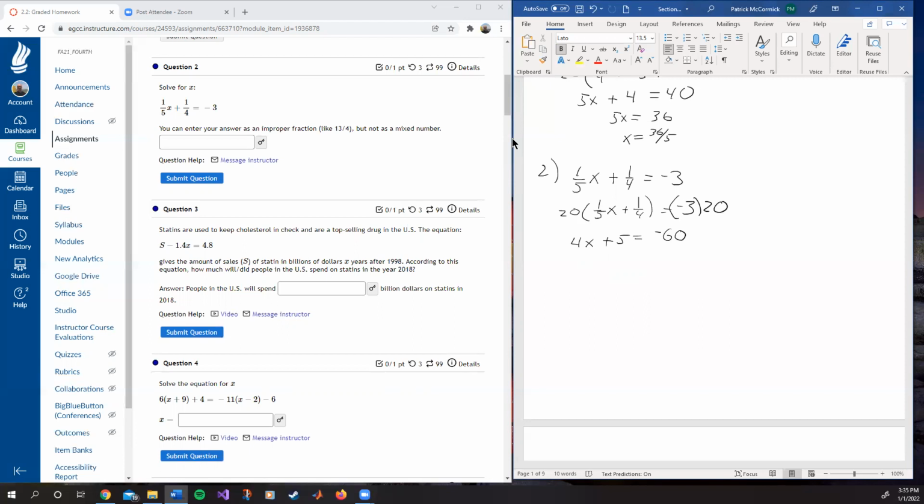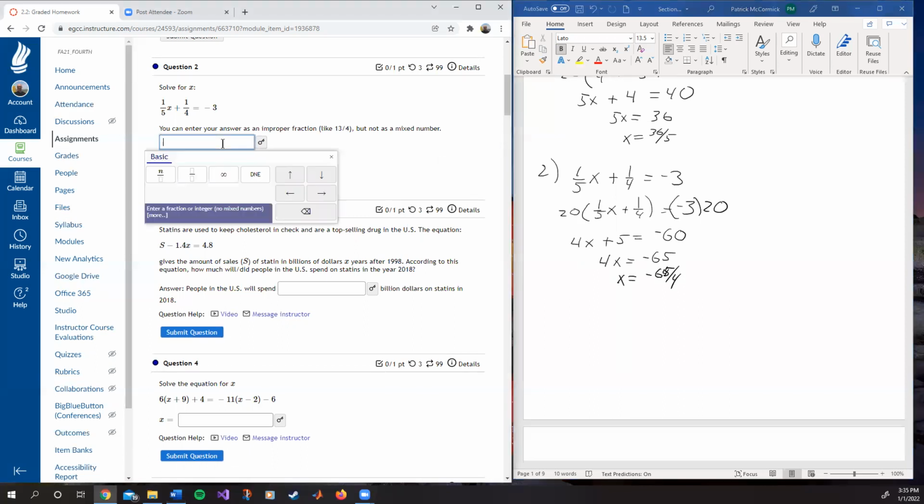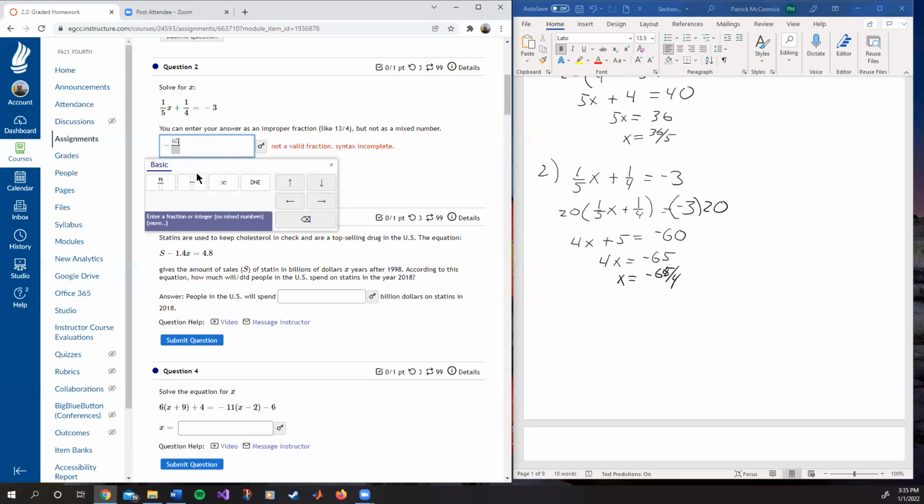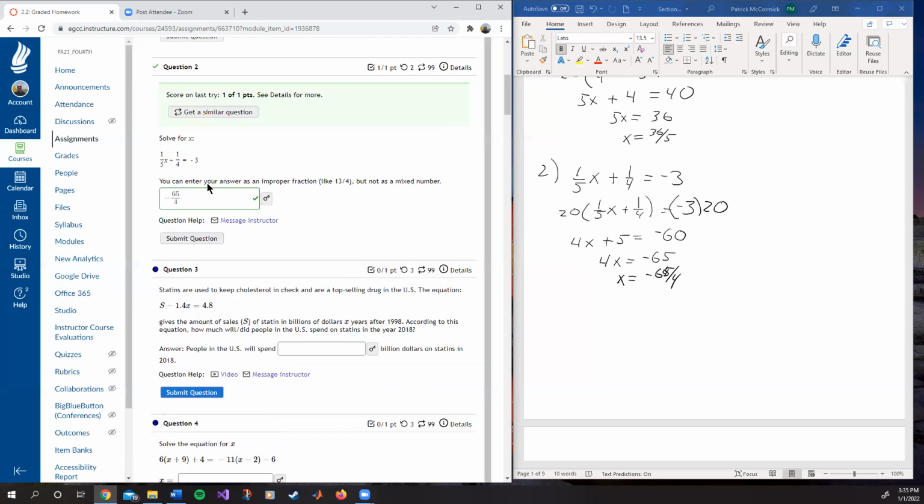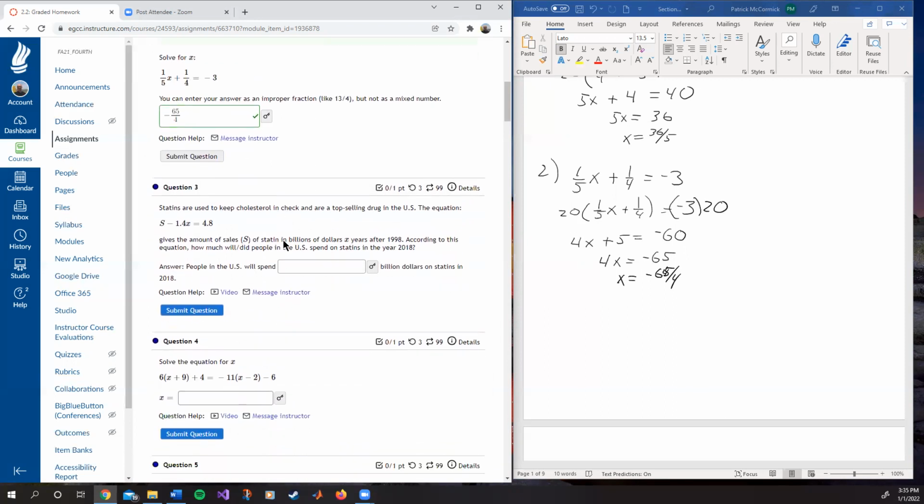All right, so subtract the 5 from both sides. So I get -65. So x is equal to -65 over 4. There we go.